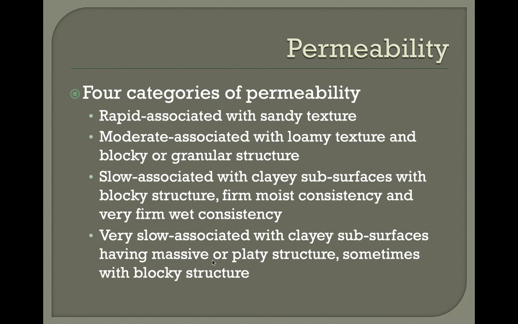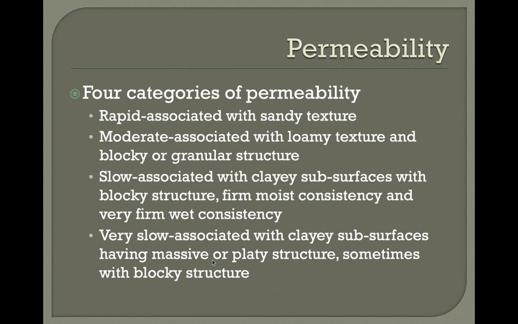There's different categories of permeability, and it's based on what type of texture that you're looking at for the most part. Rapid is going to be associated with sandy texture. It moves through fairly quickly. And then you get all the way down into your moderates and slows. Very slow, you're looking at clay subsurfaces, blocky structure, massive structure, sometimes even platy.